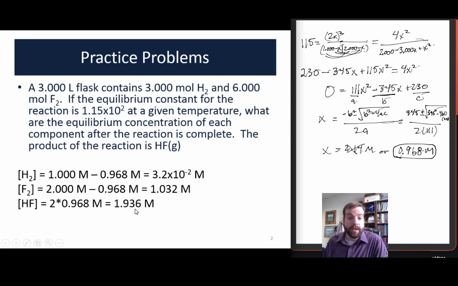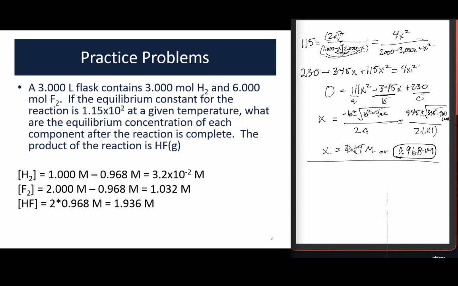1.936 molar. We can check this to make sure our answer makes sense by calculating K, by plugging these values in. So we have 1.936 molar, that value is going to be squared, divided by 3.2 times 10 to the minus 2 molar times 1.032 molar, and that's going to end up giving us about 114.